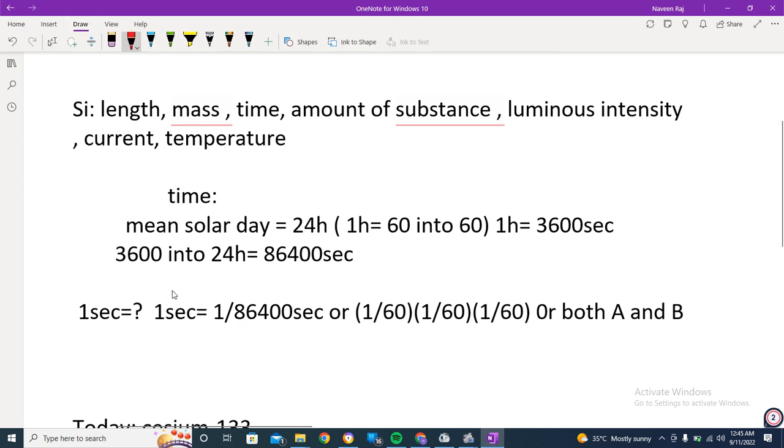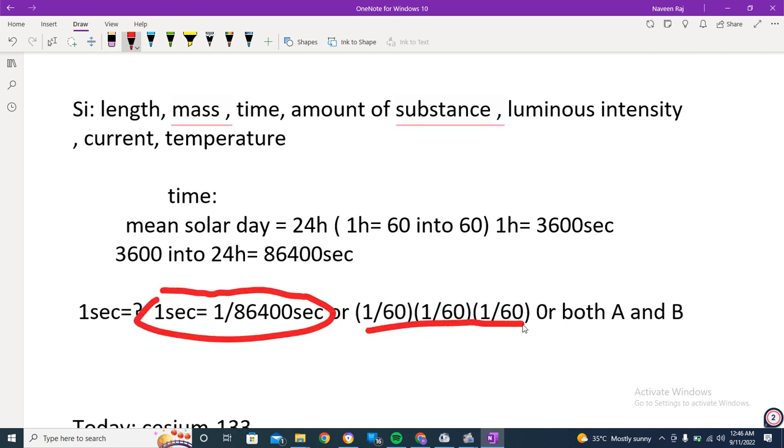What would your answer be? Is 1 second equal to this value, or this value, or both A and B? We have to look into it: 1 second is equal to 1 upon 86,400 MSD.